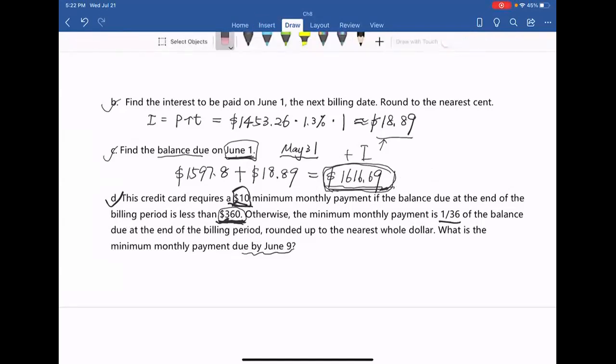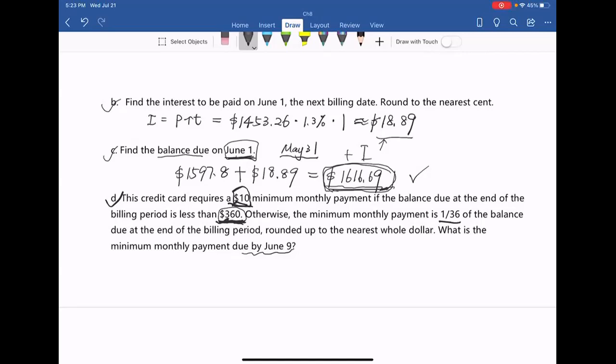For this question, we see that the balance due is $1,616.69. So it's more than 360.